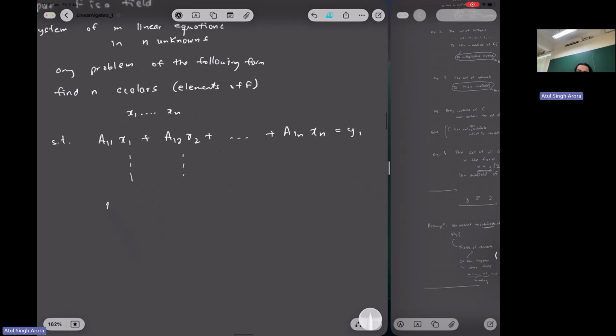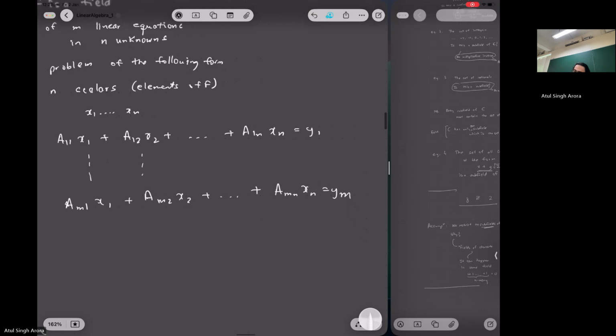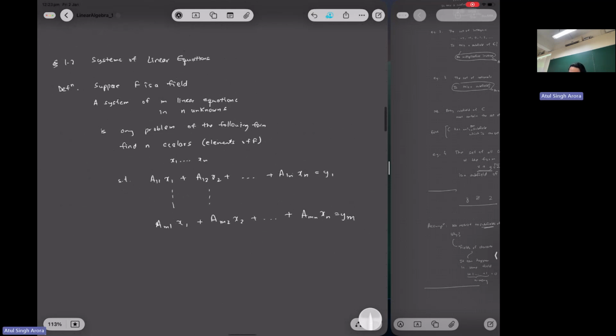And the same thing for m different rows. Is the definition okay?